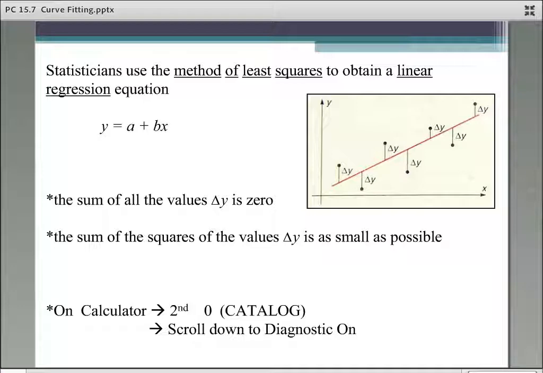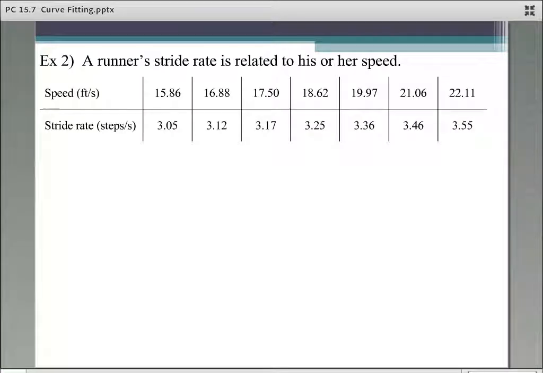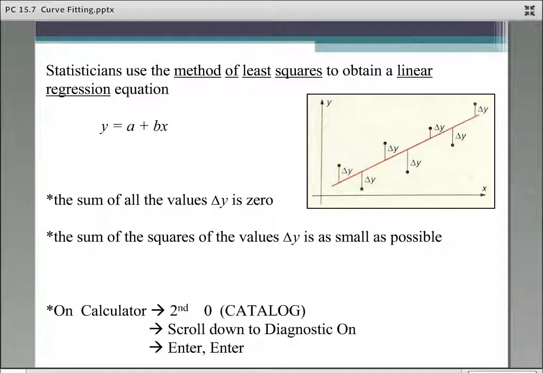If you hit alpha and then the little X inverse button, it'll bring you all the way down to the D's. Then you still have to scroll down to diagnostic on, hit enter to bring up diagnostic on, and then hit enter again, and it'll say it's done.